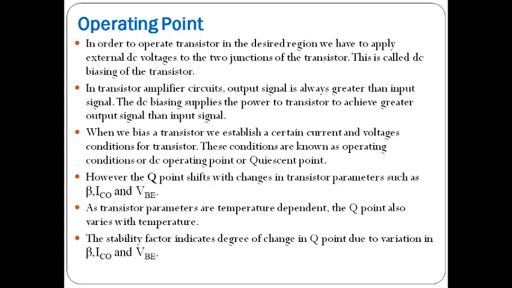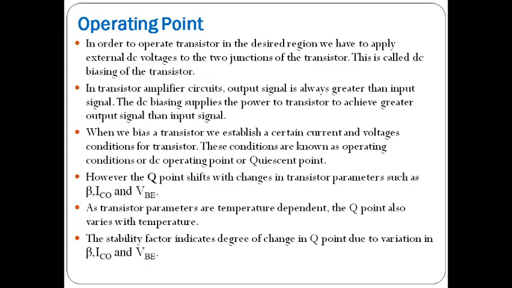So we know the main application of the transistor is amplifier. To use the BJT as an amplifier, we must operate the BJT in the active region. So now we need to know biasing.